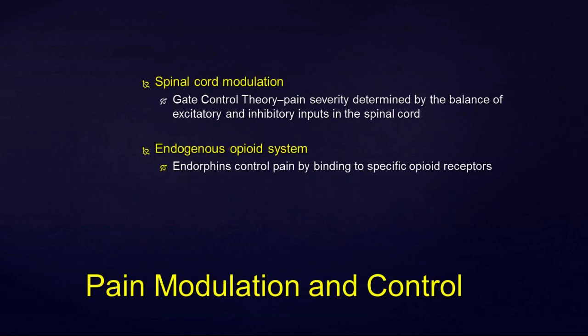There's also some descending systems, and we're going to talk way more about the different levels of anti-nociception in neuro, but we're just going to talk about these two in this class because these are the two that we can affect with modalities. So the endogenous opioid system, that's our endorphins, are brain chemicals that are specifically created to control pain by binding to specific opioid receptors.